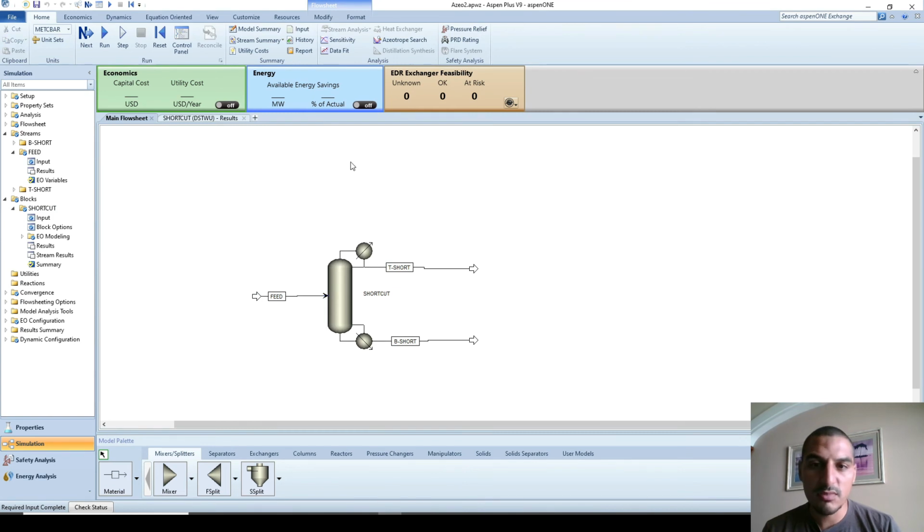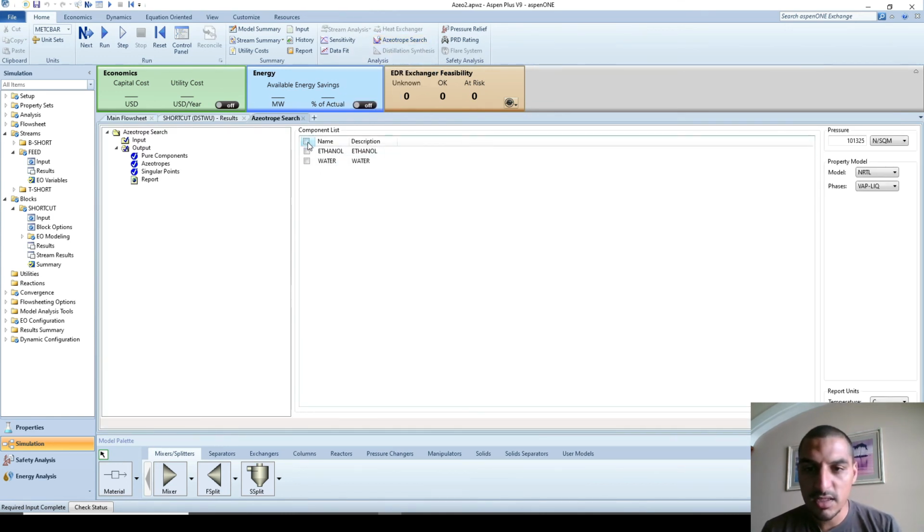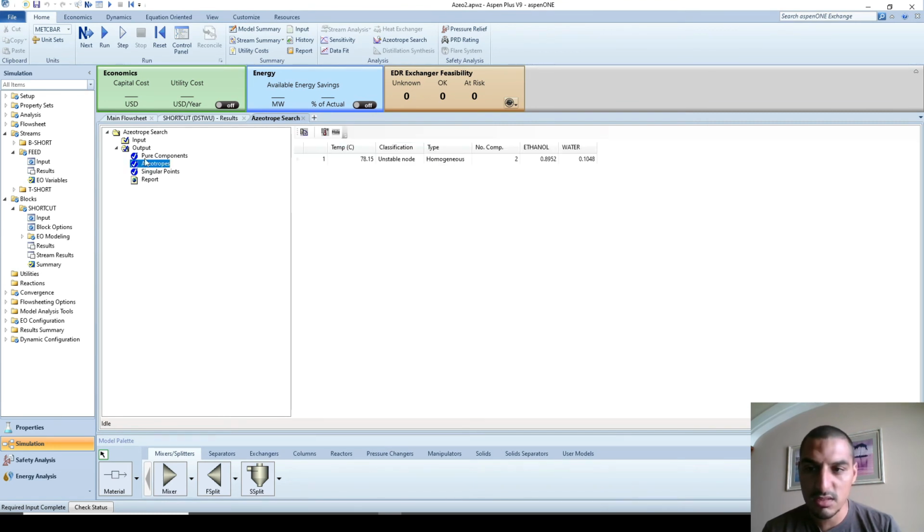Now, before running the simulation, I want to go for the azeotrope search, which is the second method that we can use to check for azeotropes. Here I can check for the components that I want to know if they have azeotropes. And in this tab, you can see that you have a temperature of 78.15, an azeotrope, which is a homogeneous azeotrope.